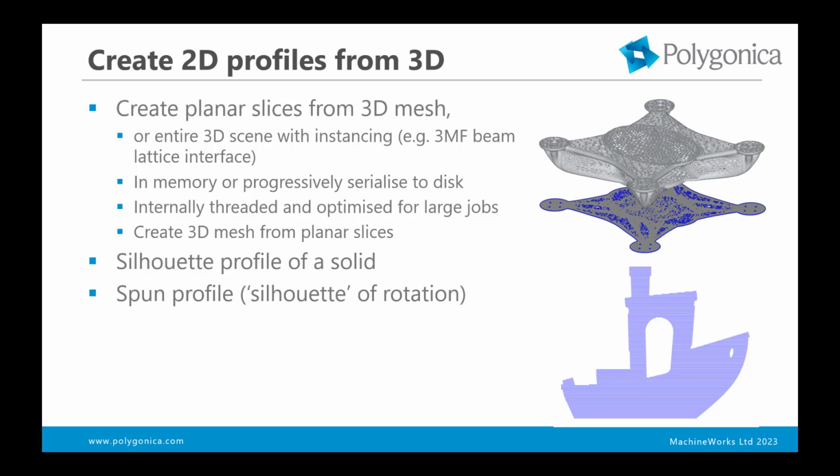There's also the converse operation, creating a 3D mesh from planar slices. So in this case, you've got a couple of options. You can extrude each slice and then use the solid multiple union operation to union the entire bunch of them together in one go, which is pretty heavily optimized and does a really good job.